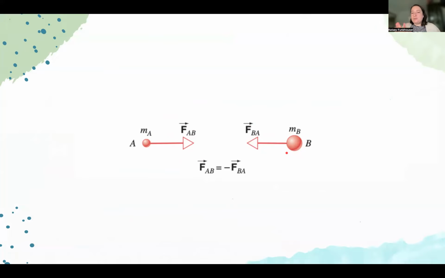It doesn't actually matter which one is the action and which one is the reaction. You can assign it to either one. Usually people will assign the action to the object of interest. So if we were trying to solve something with particle A, we would call this the action force and that the reaction force, but it doesn't actually matter.